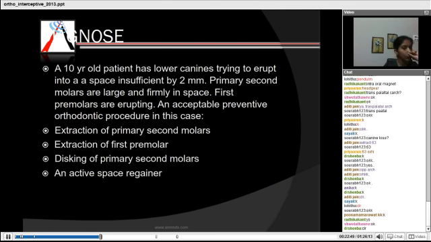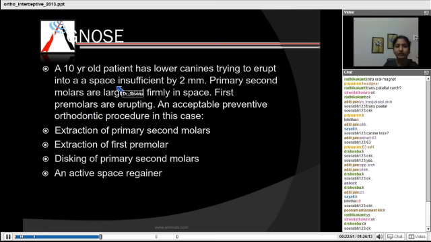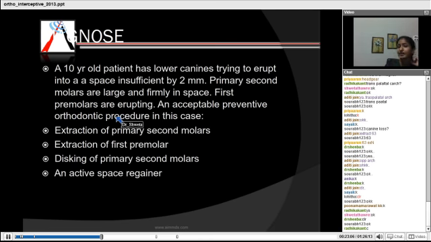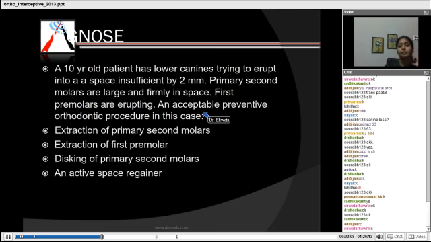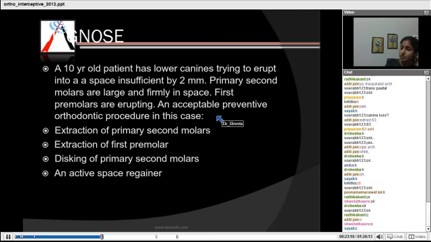Okay? Now you tell me, what will you do if a 10-year-old patient comes to you, has lower canines trying to erupt into a space insufficient by 2 mm, primary second molars are large and firmly in space, and first premolars are erupting? An acceptable preventive orthodontic procedure in this case will be?